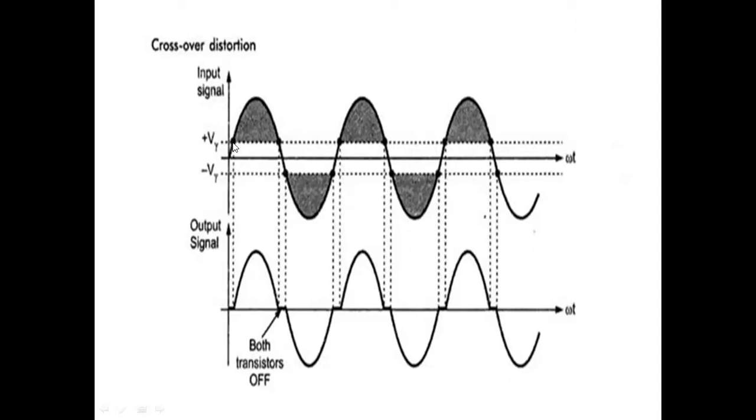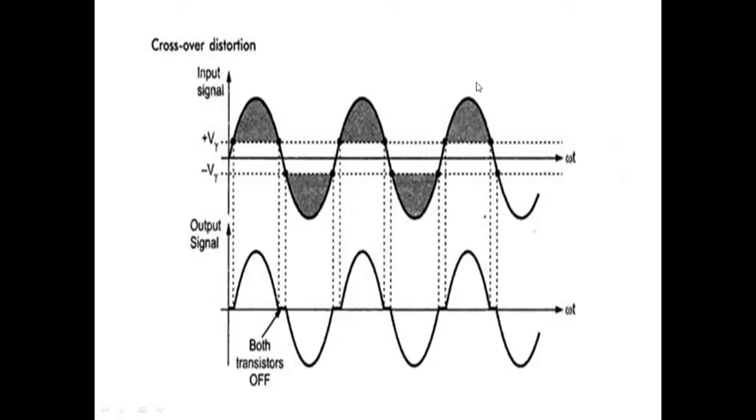That means until the voltage crosses the cut-in voltage, V gamma, the transistor is not on, and only then does the output appear. Whenever the transistor voltage again becomes less than 0.7 volts, it automatically goes to off condition.